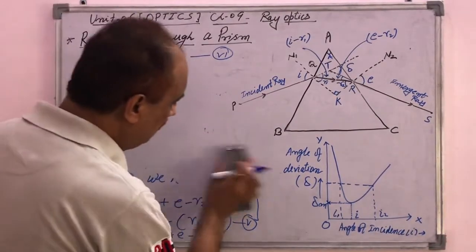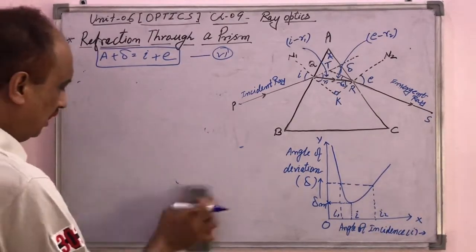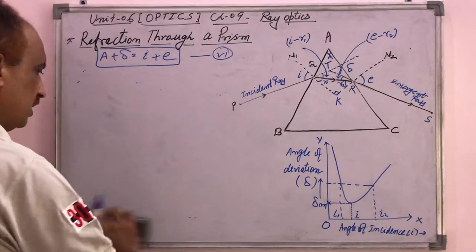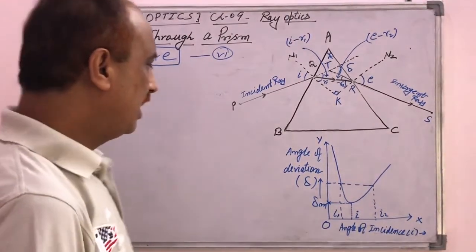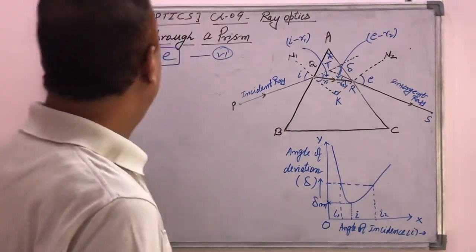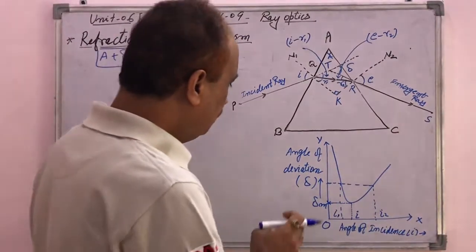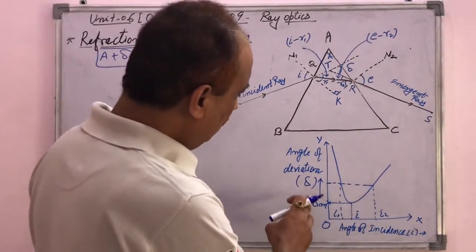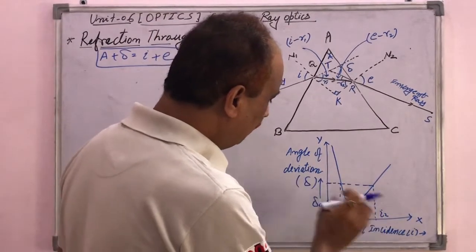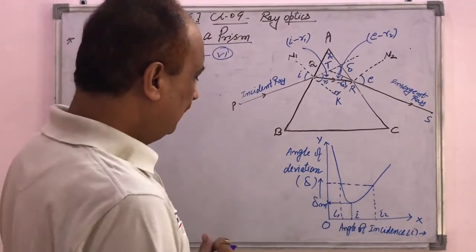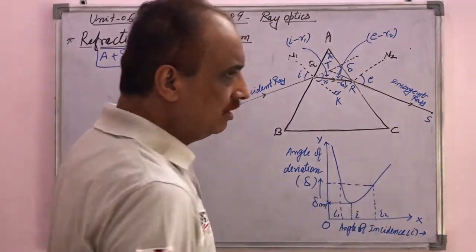What is the minimum deviation position in the prism? To discuss it, we have to do an experiment for the refraction through a prism. We have to incident the ray at various values of angle of incidence, and note down the angle of deviations by drawing the ray diagram.